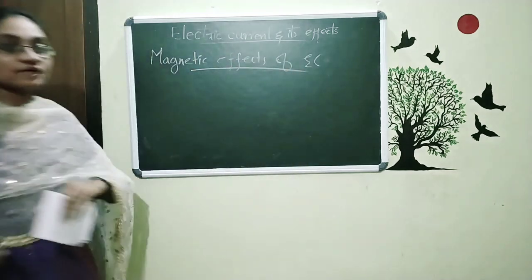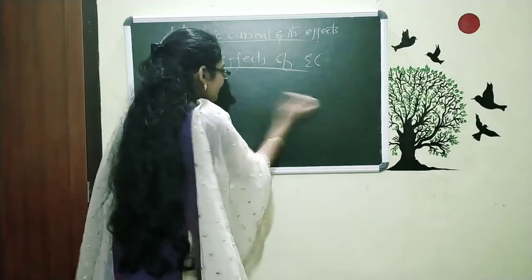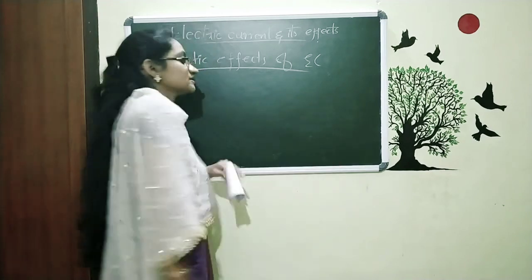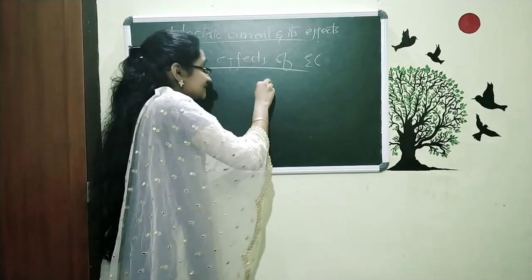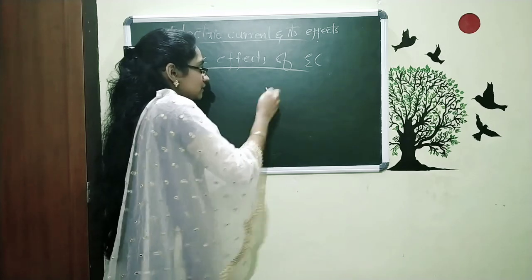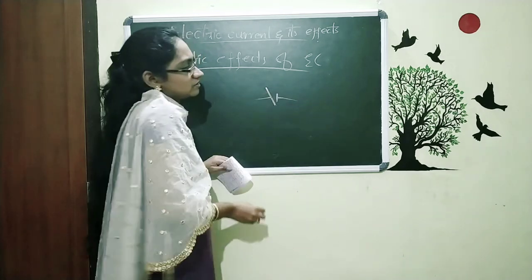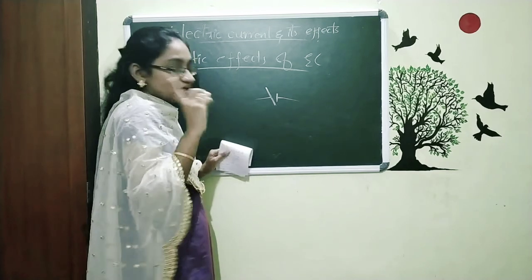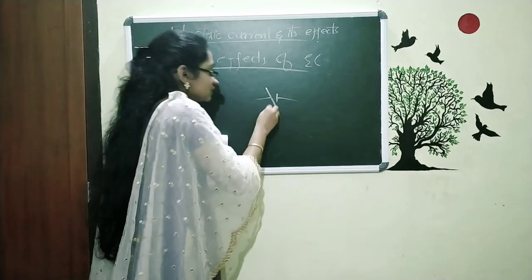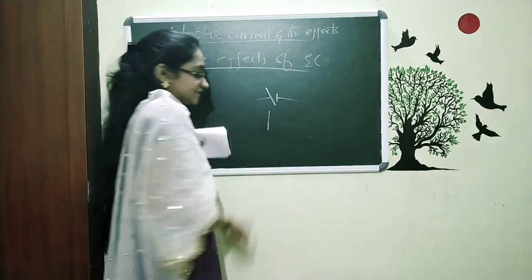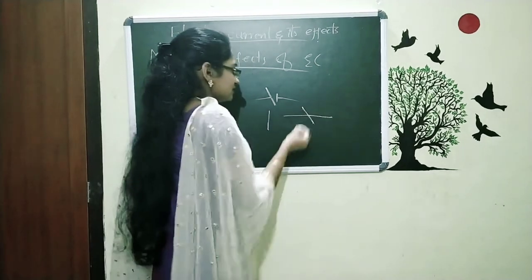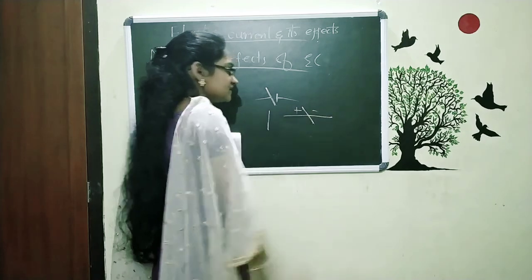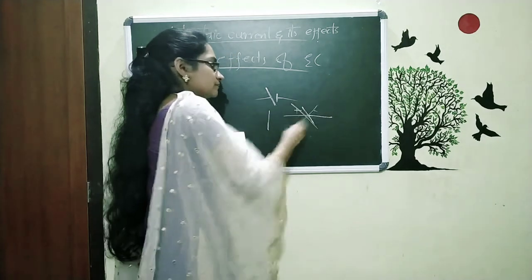Before that, I want to tell you something. When I checked your answer sheets, I saw that some students are drawing the cell like this. Actually, for our cell or battery, we want to draw the line straight. They are drawing like this and putting positive and negative here. This is wrong.